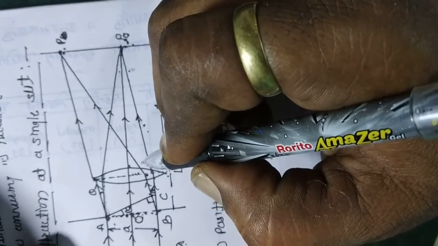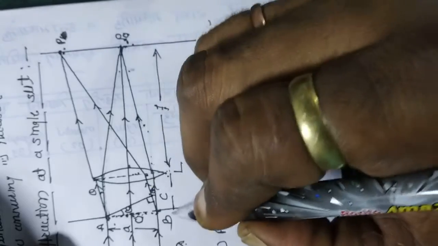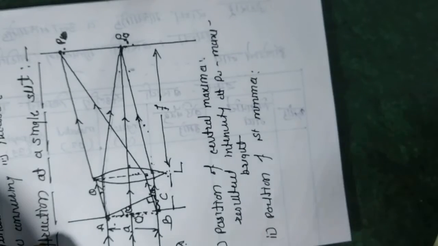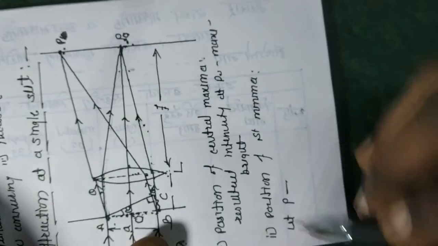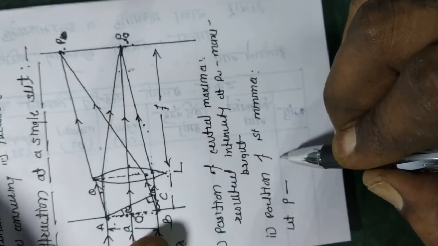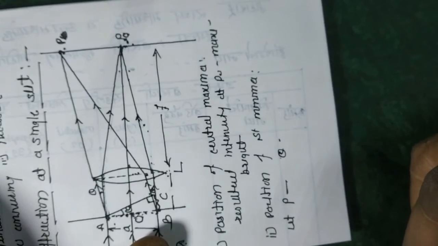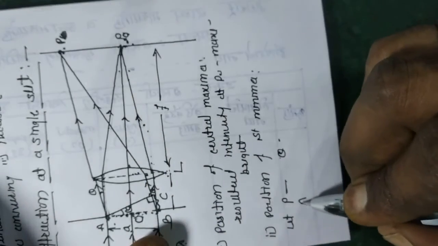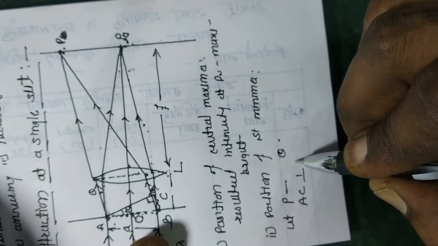Path difference between waves from A and B reaching P is BC. See here once more. Let P be a point on the screen at angular separation theta. Draw AC perpendicular to BC.